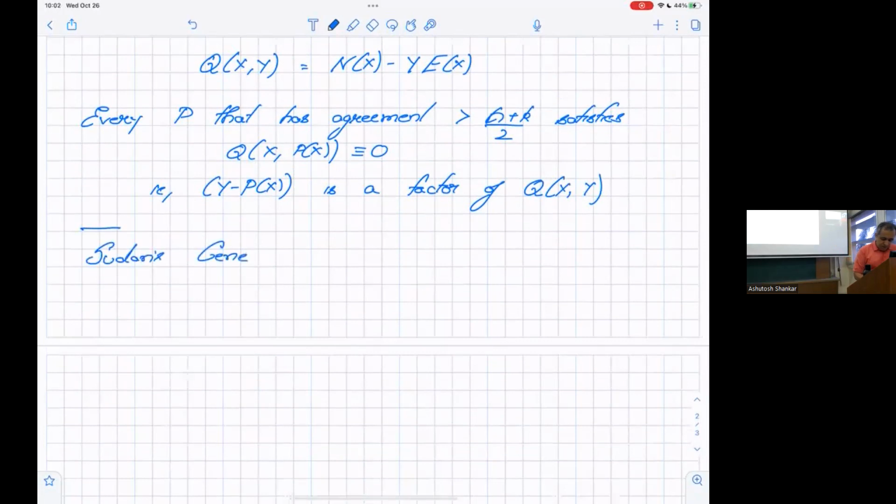Generalization. It's going to be on similar lines.